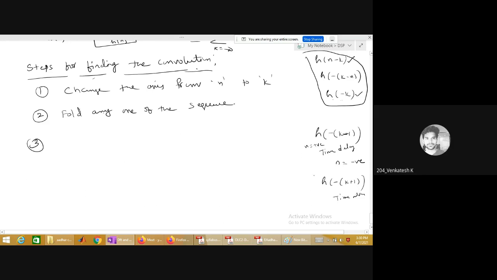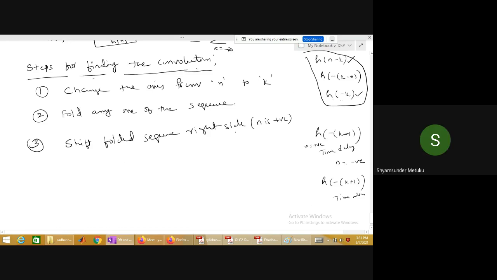Okay, I'm writing the same statement here. Shift the folded sequence right side for n positive.